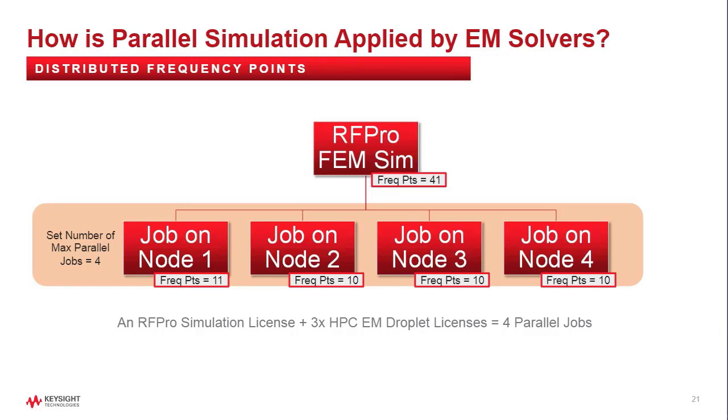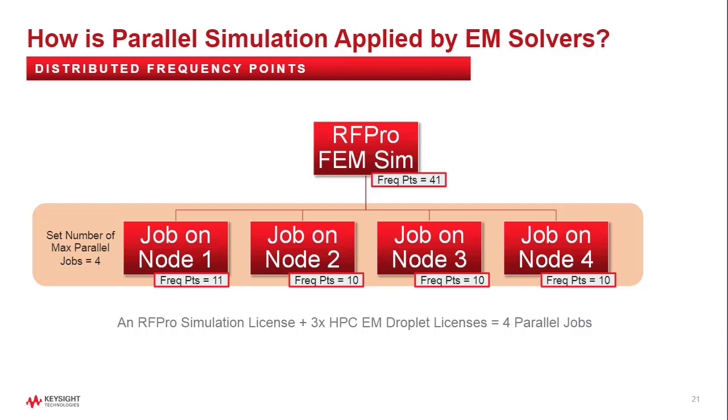As we show here, let's say we have an RF Pro FEM simulation, and we want to solve this over 41 frequency points. If we can parse this out over 4 different nodes at approximately 10 frequency points per node, we're going to be maximizing our simulation efficiency.